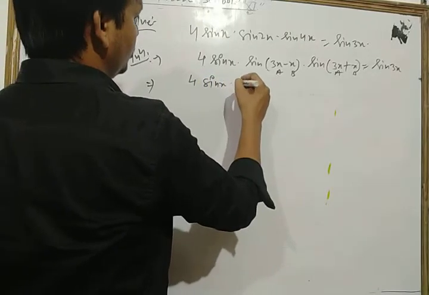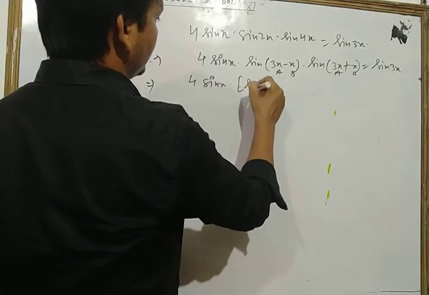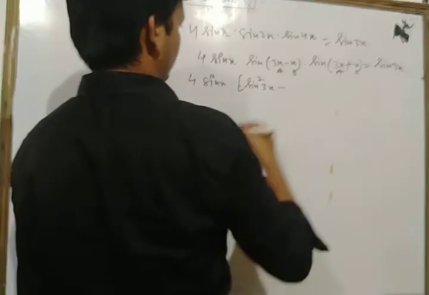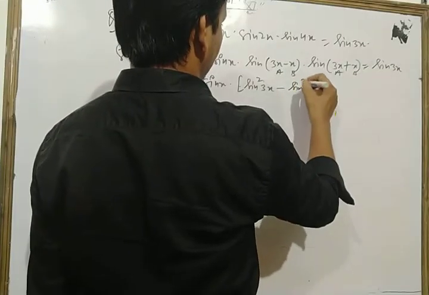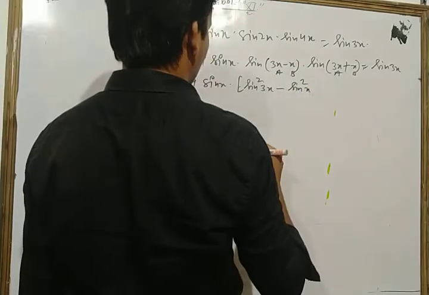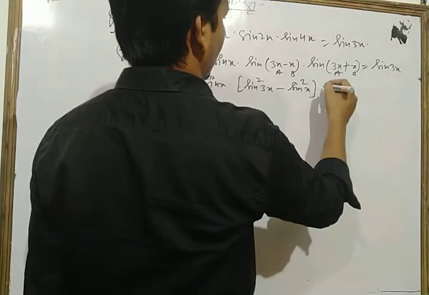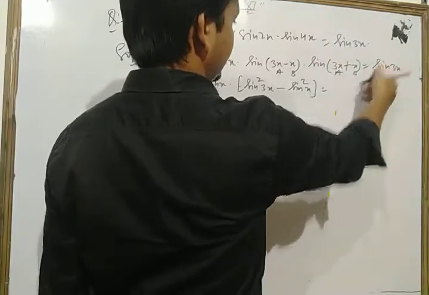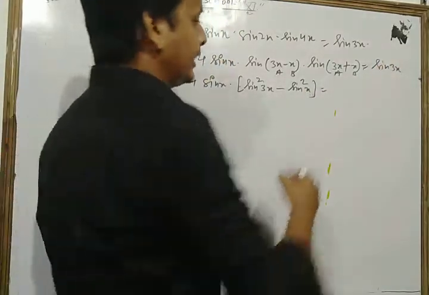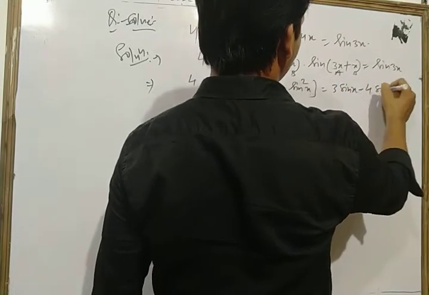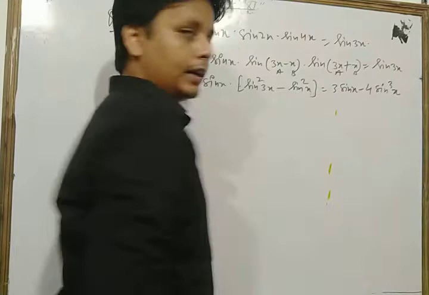So we write 4 sin x into sin²A minus sin²B, and here we write the formula for sin 3x. The formula of sin 3x is 3 sin x minus 4 sin³x.